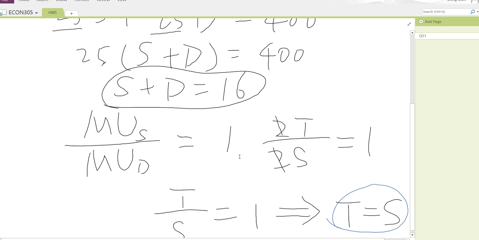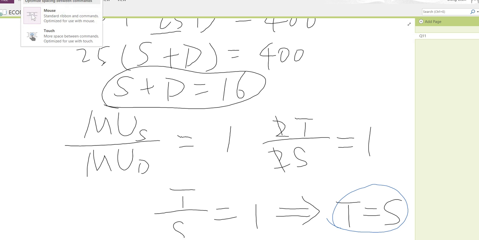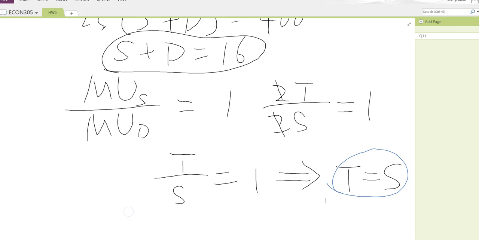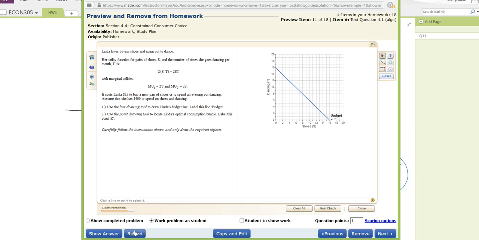You basically will have 2T, because T equals S. I guess maybe I used the wrong letter.